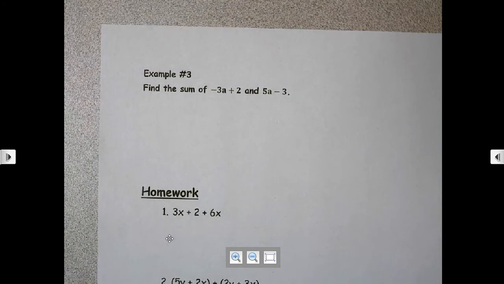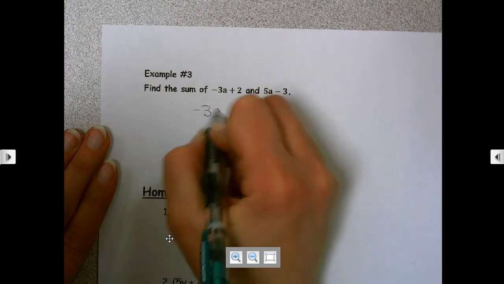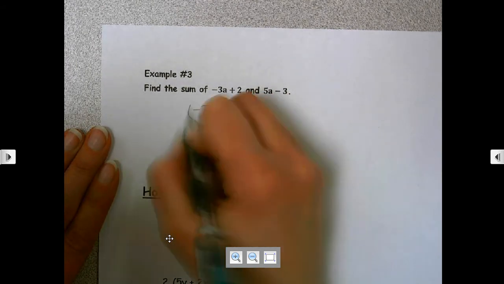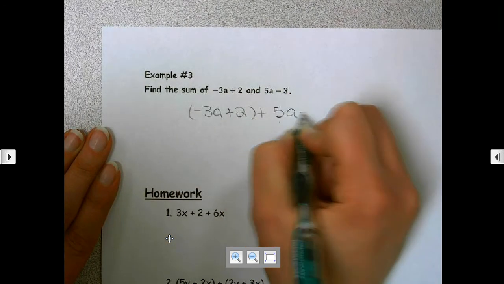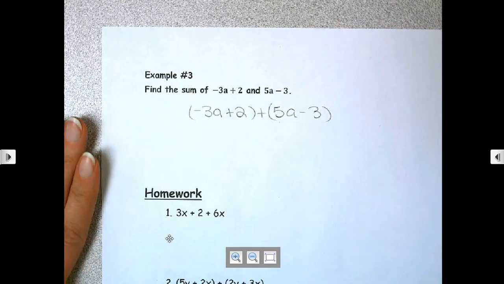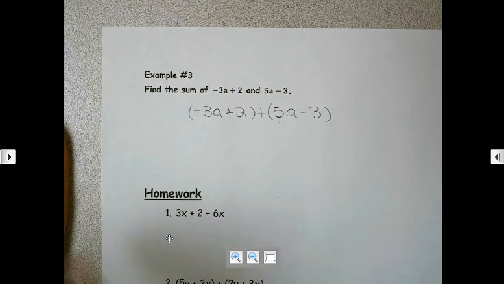And our third example is find the sum of negative 3a plus 2 and 5a minus 3. So go ahead, write it down. And I want you to pause the video. Now, remember, we want to use the commutative property as well as the associative property to help us solve this.